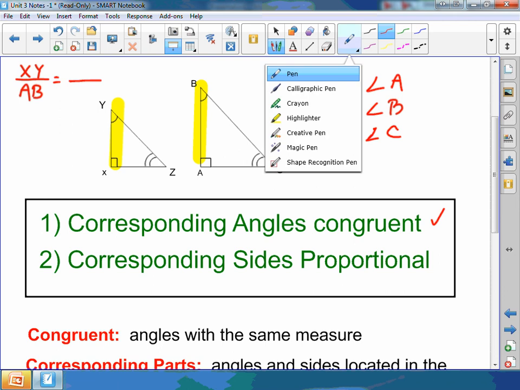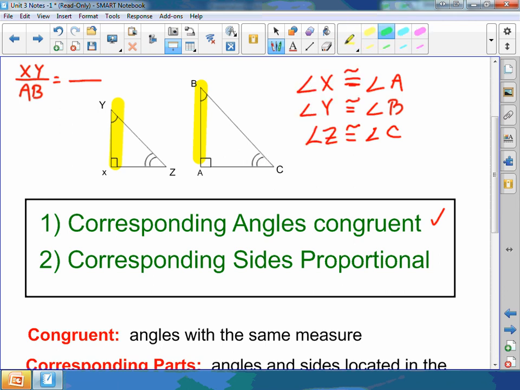So XZ, I think you would agree, AC would be corresponding. So once I found these side lengths, if that's a true statement, if those two ratios are proportional to one another, then we're in good shape.